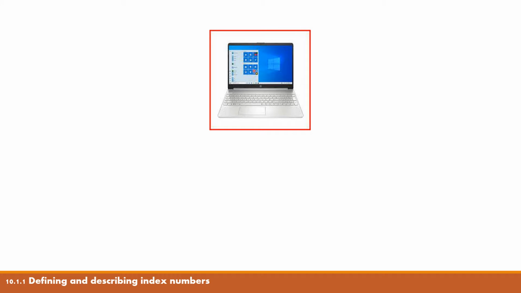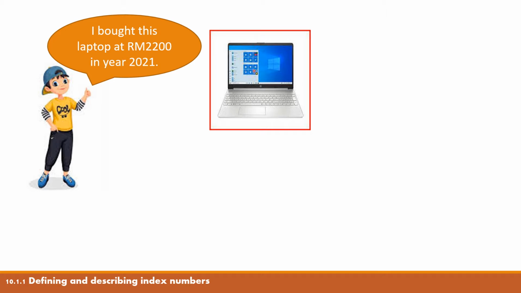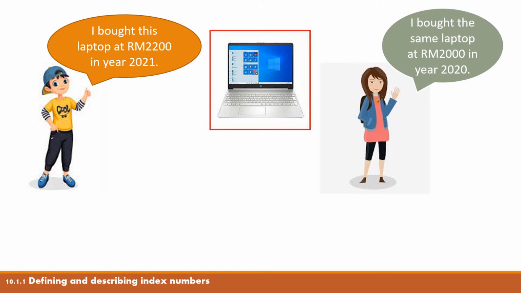The next example is the comparison of the price of a laptop. This man said that he bought this laptop at 2,200 ringgit in year 2021, whereas this little girl said that she bought the same laptop at 2,000 ringgit in year 2020.